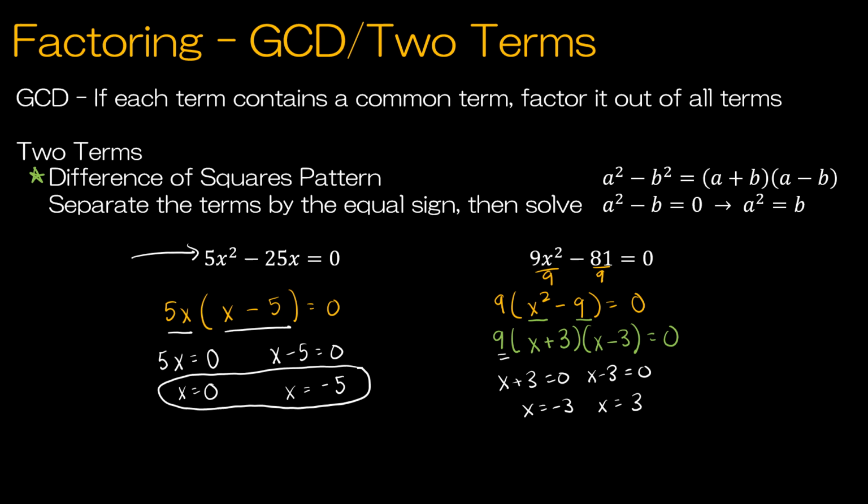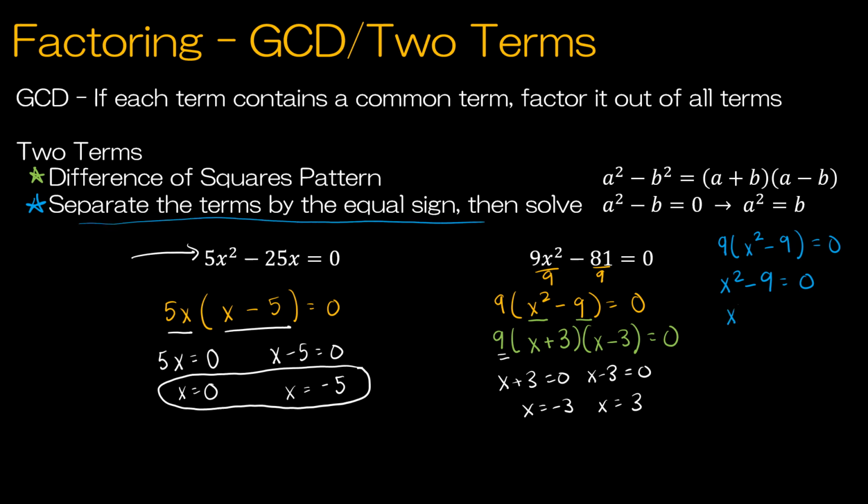Now the other way, and I would use the other way if I were only asked to find the solutions, but I don't need to actually factor. So if it didn't say factor, it just said find the solutions or find the zeros, then you could use the opposite way that says, okay, now that you have factored this into 9 times x squared minus 9 is equal to 0, go ahead and use that zero product property to set x squared minus 9 equal to 0, and now separate the terms by the equal sign and solve.